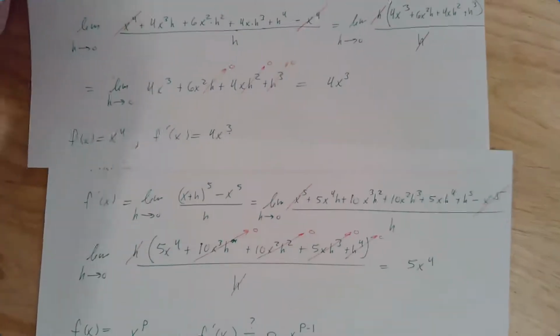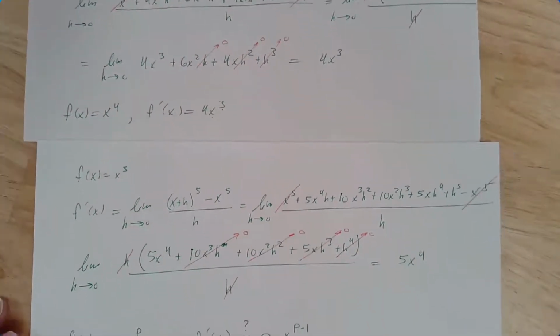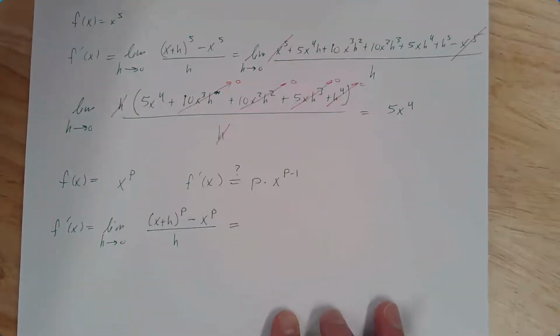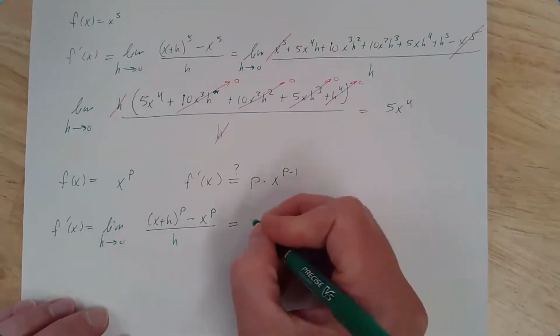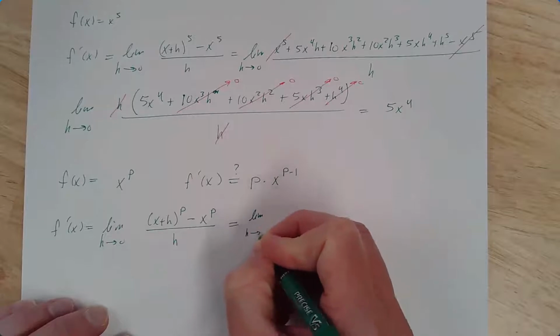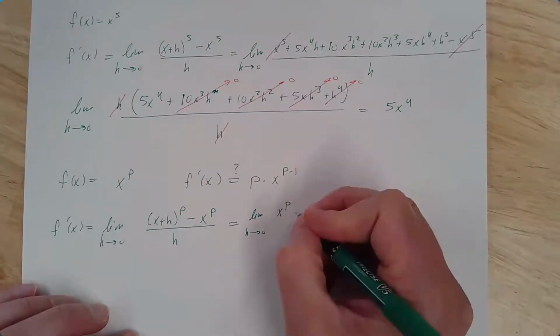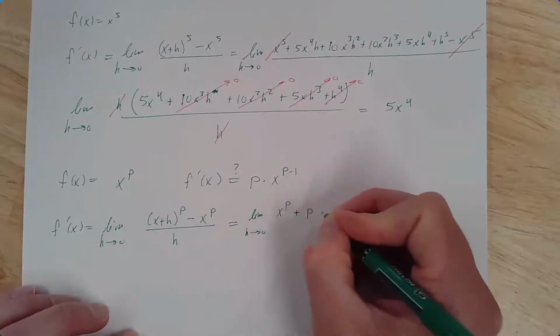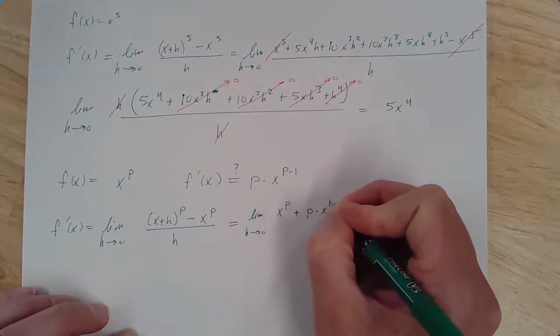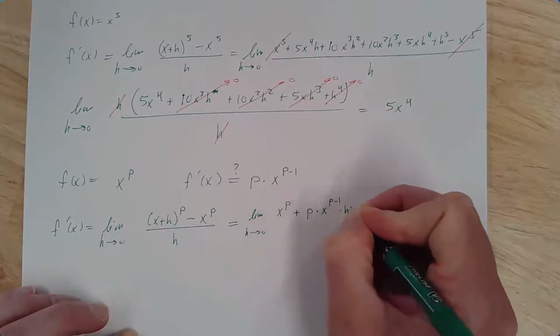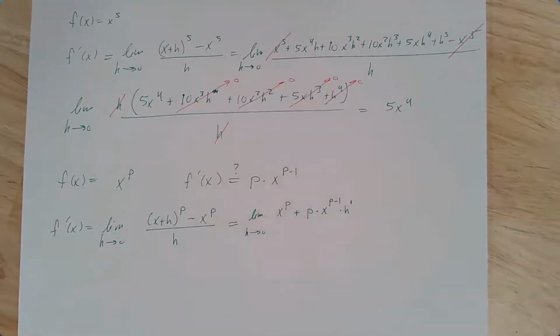I don't know exactly what x plus h to the pth power is, but I do know the first couple terms. I know I'm definitely going to get an x to the p. And then the next term should be p times x to the 1 less power times h to the first. Definitely, for sure, 100%.